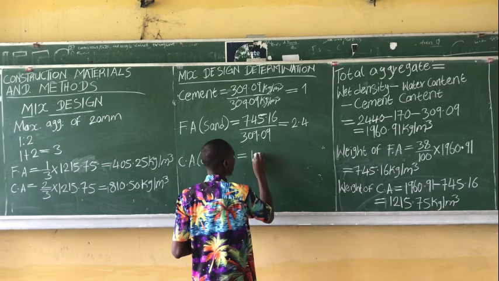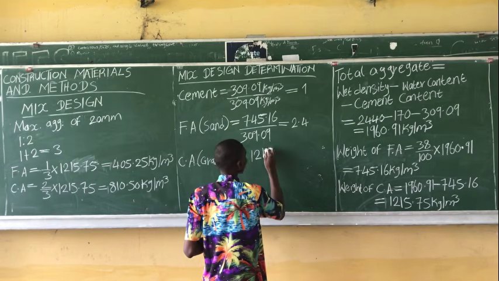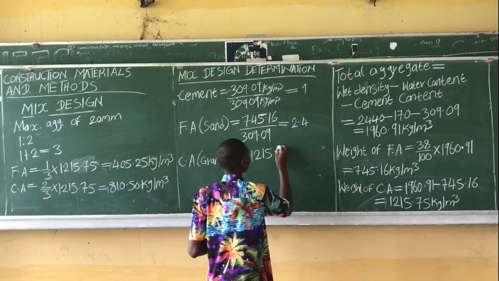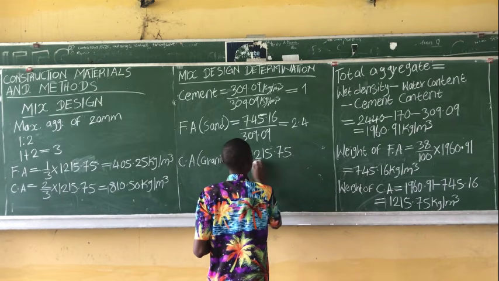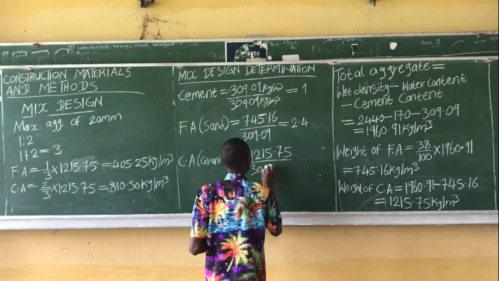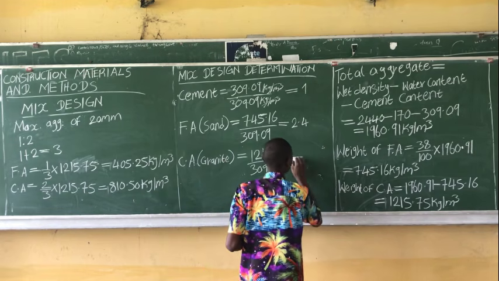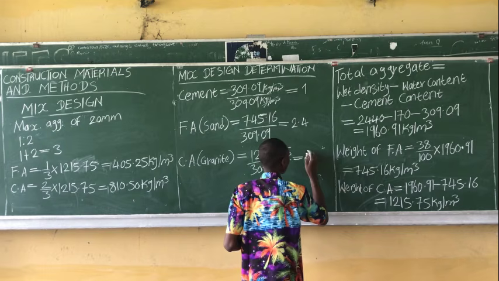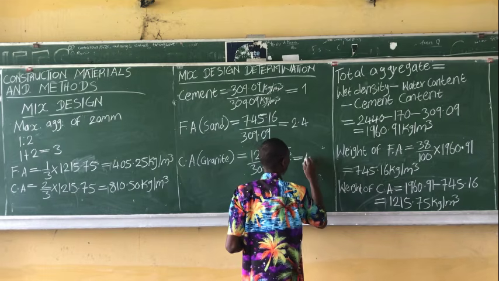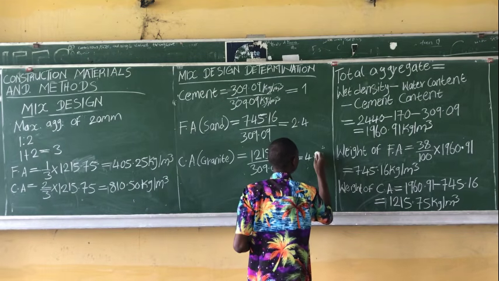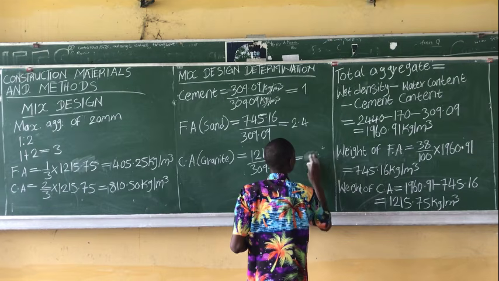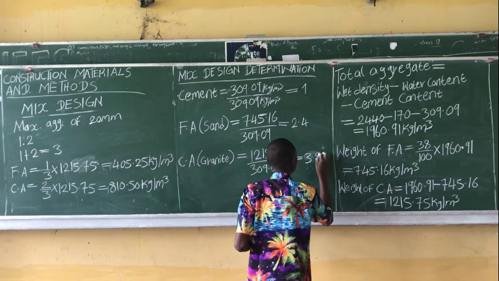So this is equal to 1215.75 all over 309.09, and this is equal to 3.9.